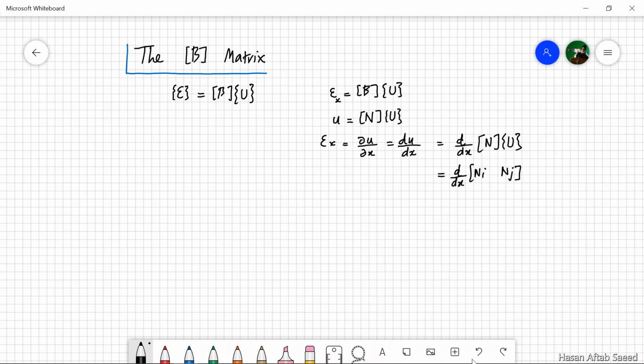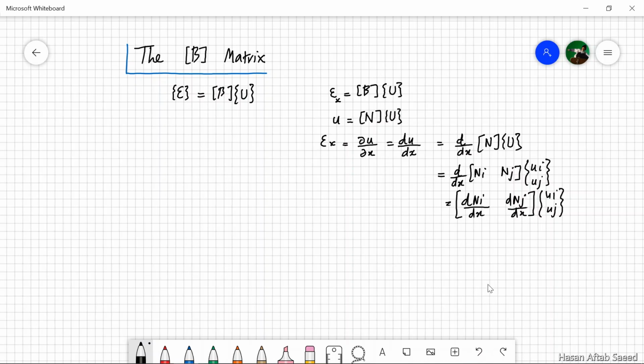This is just a review, and you have two displacement values, one at each node of the element. Now, dNi over dx and dNj over dx. This gives us the strain for the element.